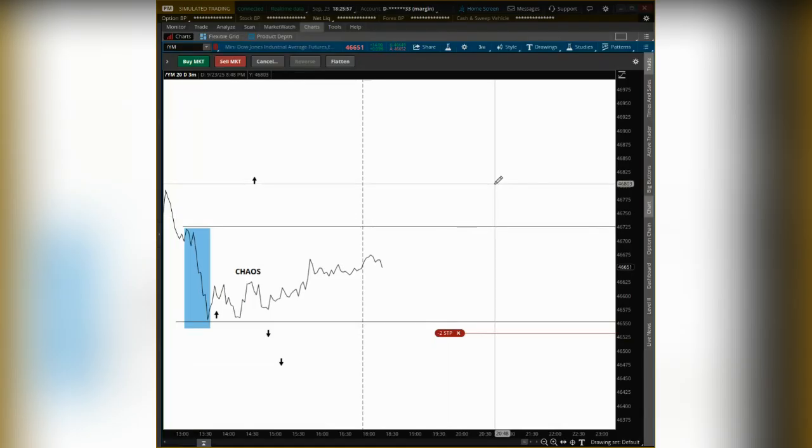So that's a little risky, but this would be a good setup if you find a fractal. You're assuming it's going to go up, which it did rally. But the safe entry point would be above the band here, and an even better entry point would be the band here. That would be a reversal.